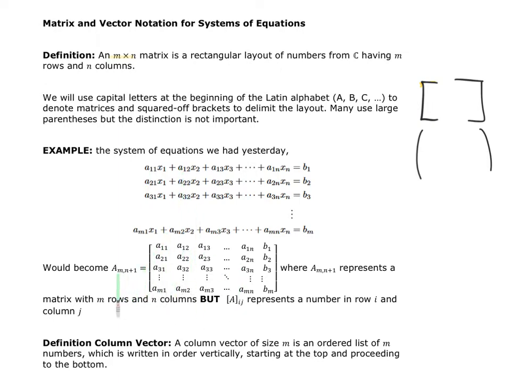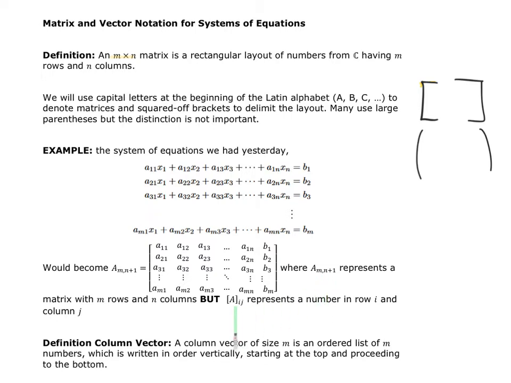It is of size M by N plus 1 because we have M equations and N variables, but in this matrix we did add on these constants. So that's why it is M by N plus 1, even though we had N variables. It has M rows and N plus 1 columns, so the first time you see it, it is A with M, comma, N plus 1.